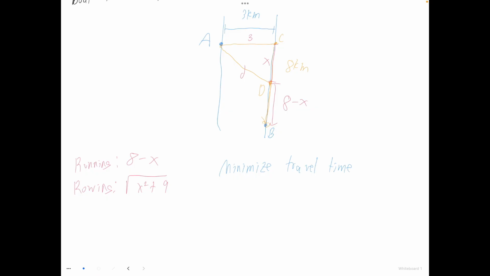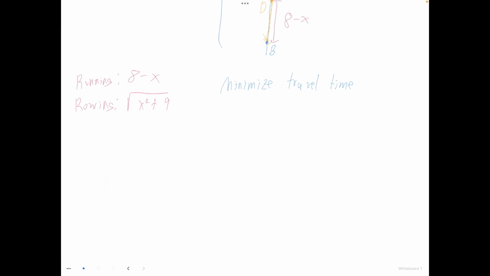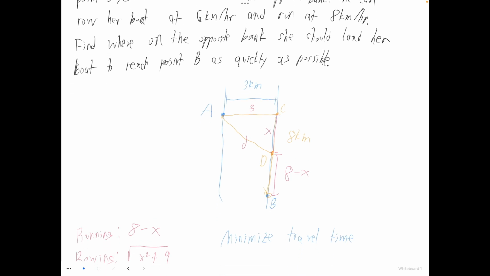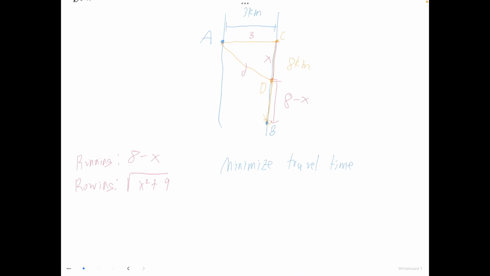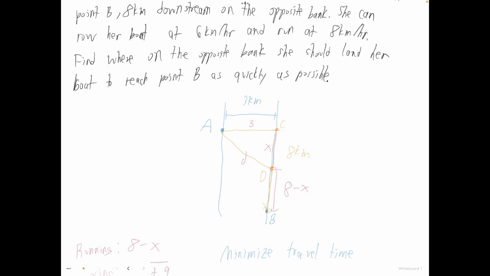Okay, so that is the idea. And so what we know right now is we've just figured out the distances. We also know the rates, so I will write those down. So the running rate is 8 kilometers per hour, and the rowing rate is 6 kilometers per hour.